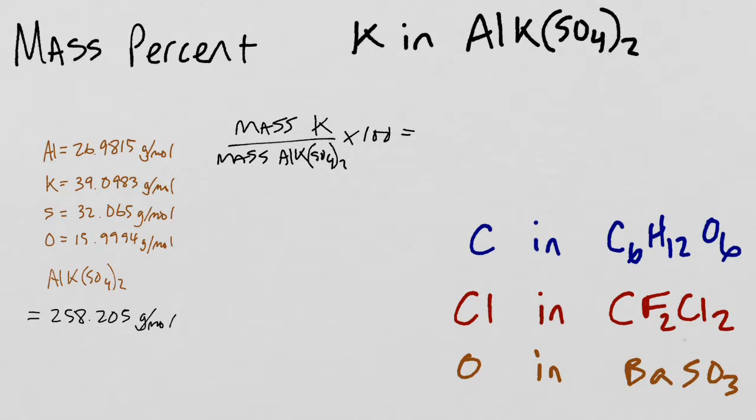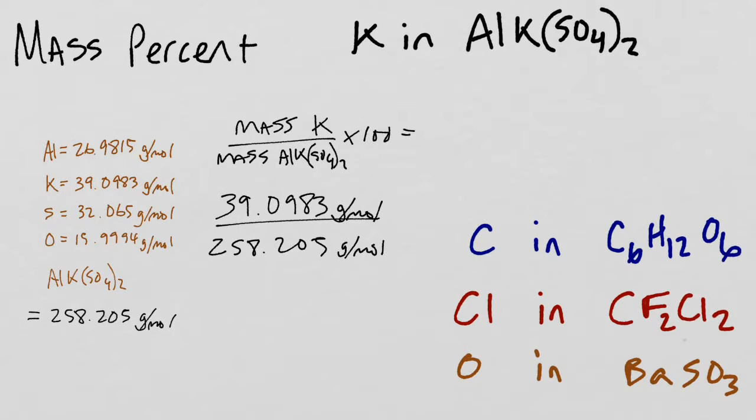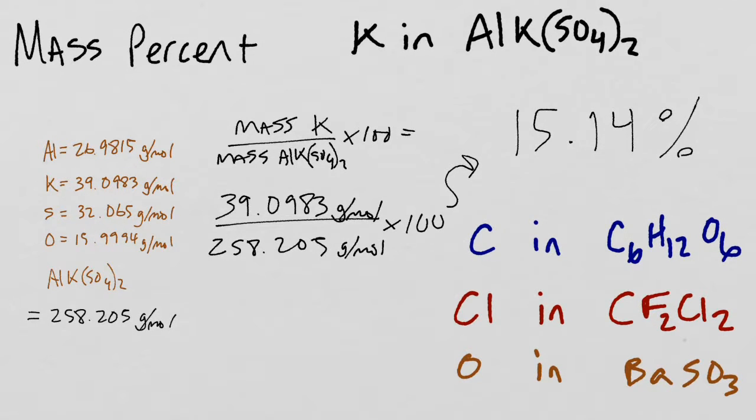That would look like 39.0983 grams per mole over the total, which is 258.205. Our units of grams per mole are going to cancel here, times 100. And so our answer is 15.14%. So potassium is 15.14% of the total mass in the entire molecule of aluminum potassium sulfate.